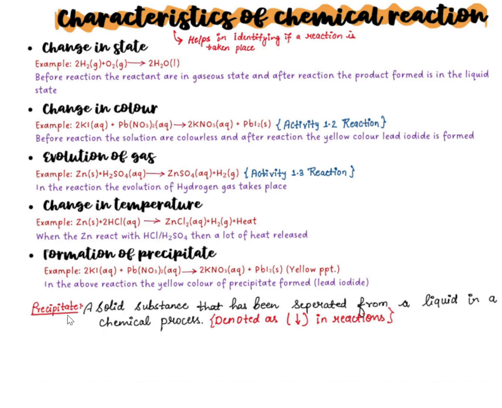So what is a precipitate? A precipitate is a solid substance that has separated from a liquid in a chemical process. While denoting a precipitate in a chemical equation, it is denoted by an arrow pointing downward.